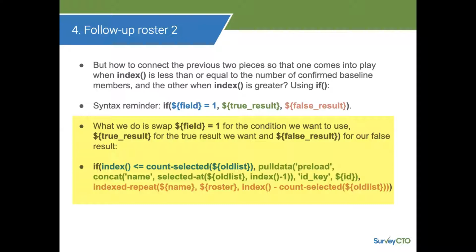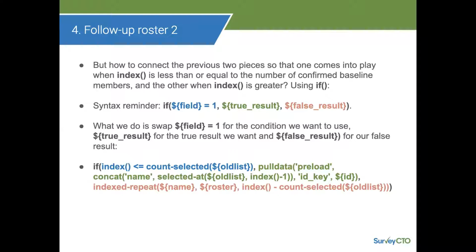Otherwise, we have the pull data function, which returns only the confirmed new members directly from the preload source. And as soon as this condition is no longer true, in whichever repeat instance that is, it will start returning new members if new members exist.